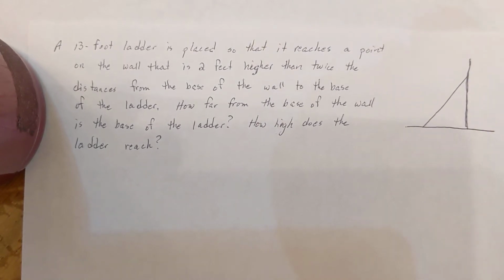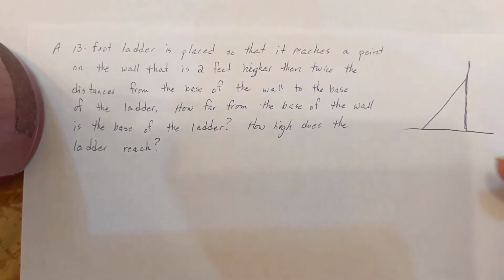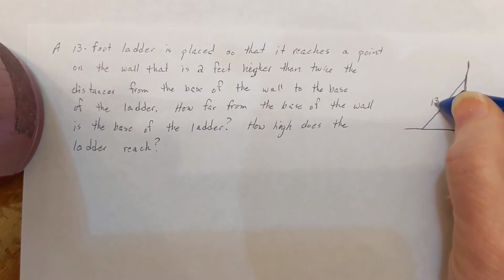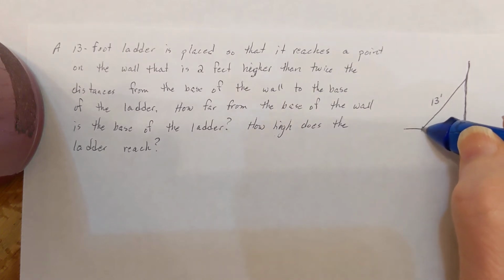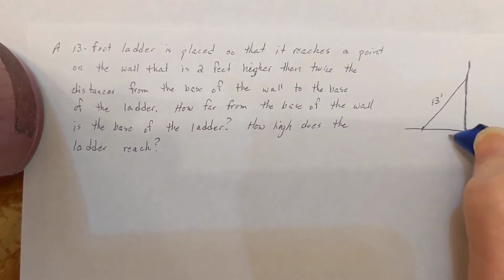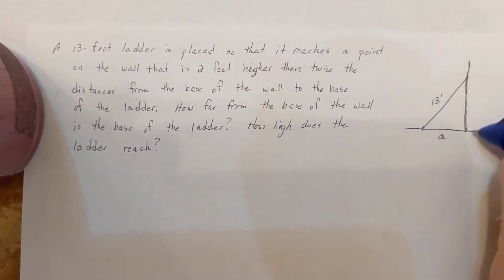Now, from the word problem, I know my ladder is 13 feet long. I do not know how far from the wall the base of the ladder is. I'm going to call this A. And I don't know how high up the ladder it reaches.